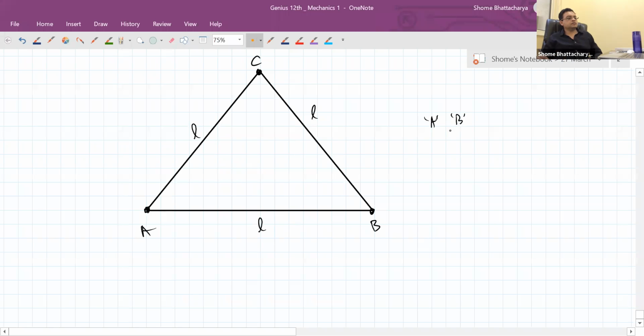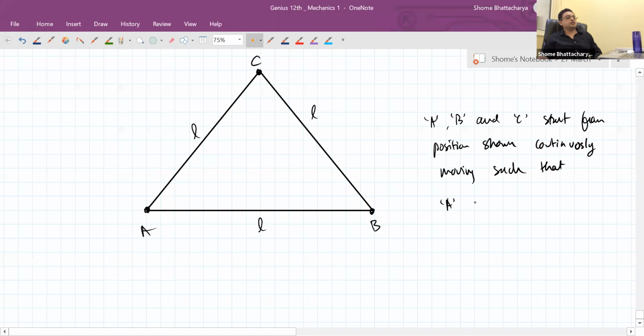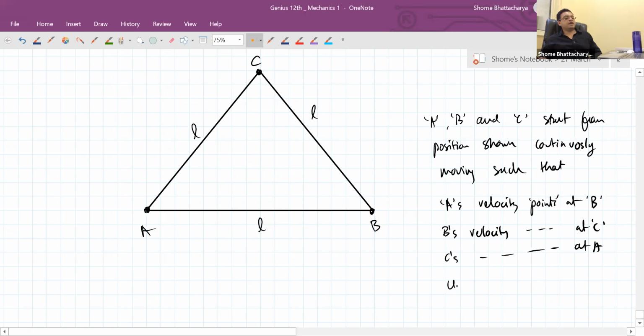Now A, B, and C start from the position shown, continuously moving such that A's velocity points at B, B's velocity points at C, and C's velocity points at A, and the magnitudes of their velocities are all the same. So you have to find the time after which they collide.